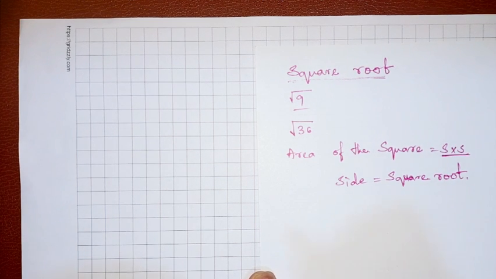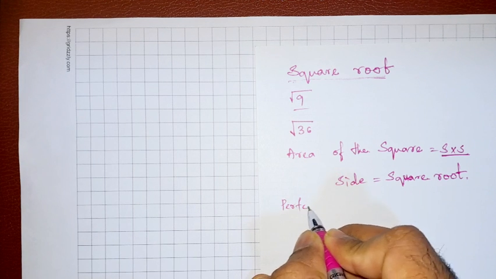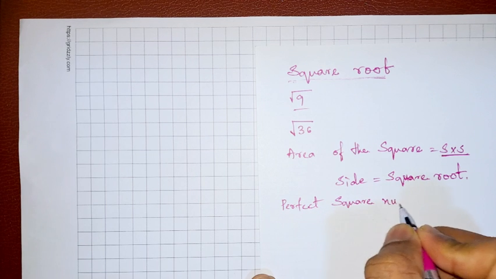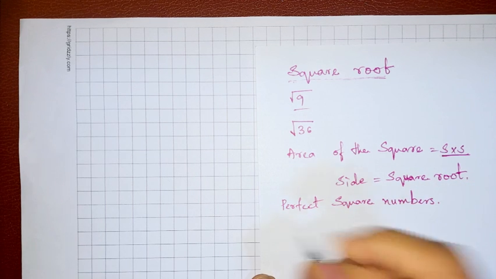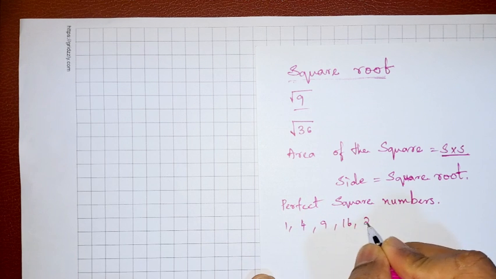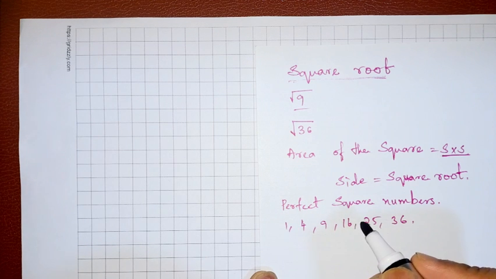Let me write down some perfect square numbers: 1, 4, 9, 16, 25, 36. For these perfect square numbers, we can get an exact value for the square root. Other than these, we will get decimals.